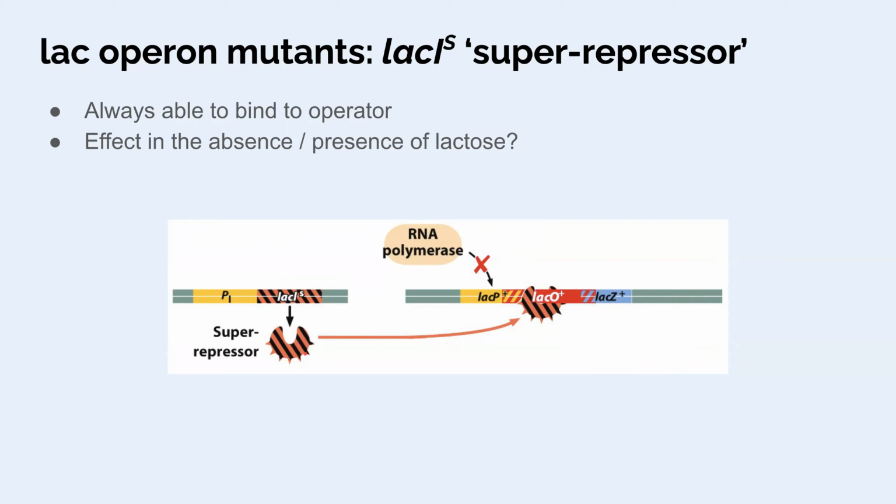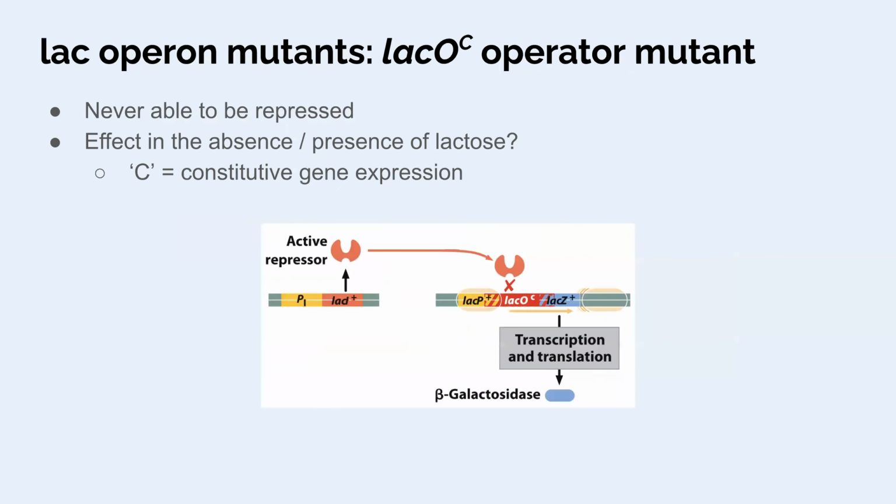So similarly to the previous example, it doesn't matter if there's lactose or not, but different from the previous example, this one is always going to prevent transcription, whether there's lactose or not. So if there's lactose around here in the environment, it might normally turn off the activity of the repressor, but this mutant makes that impossible. It means that it's always on, always attached, I should say, to the promoter and keeps transcription from happening. So lactose present or lactose absent, no transcription happens here.